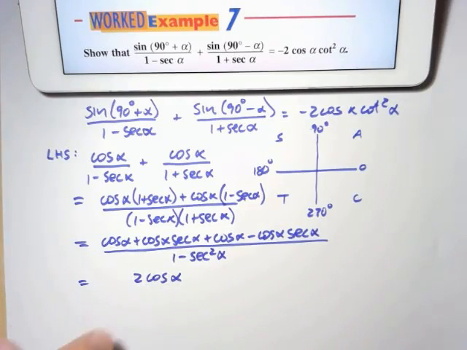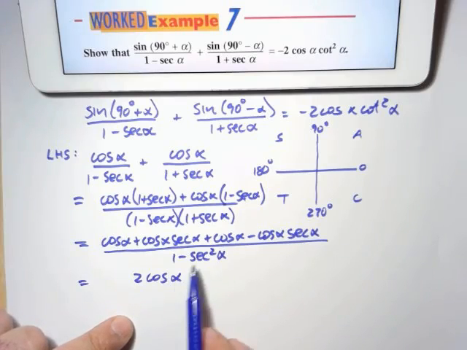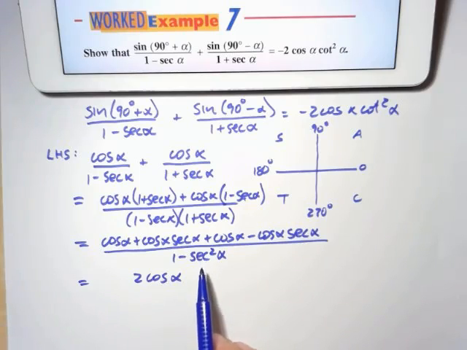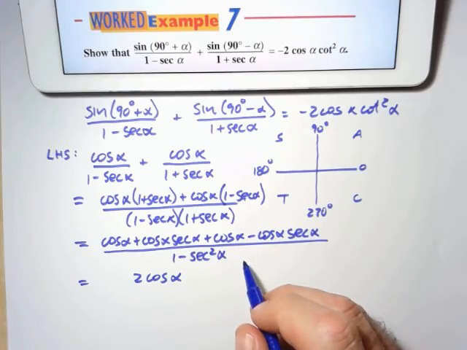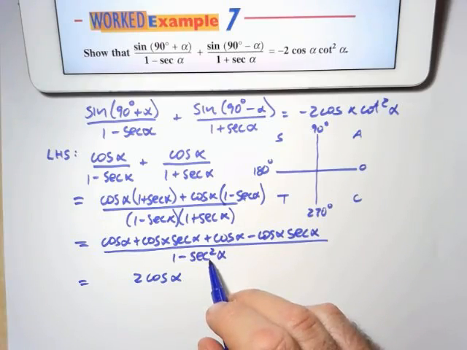Now this bottom one is 1 minus sec square. Now I know that sec square is actually... I know my Pythagorean theorem is that sec square equals 1 plus tan square.